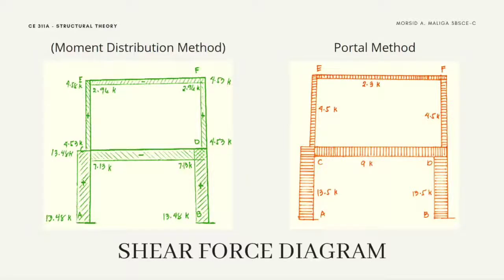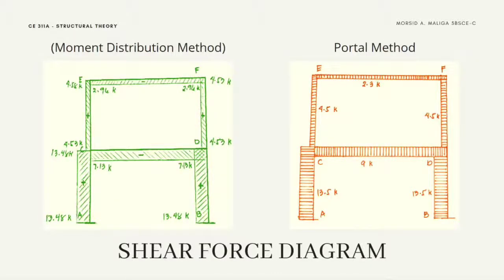As we see, sa green, yung naka-green na pen is yan yung ating moment. Yung shear force diagram natin using our moment distribution method. And yung sa right side natin, yung color orange, ito yun siya yung sa portal method naman.